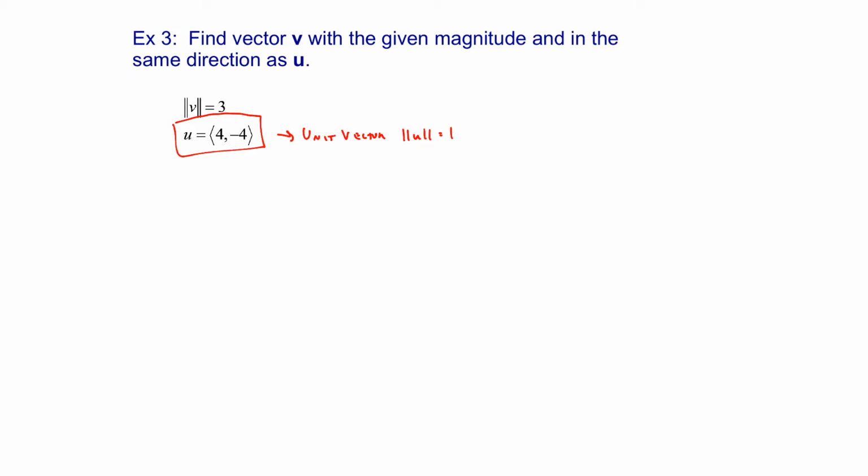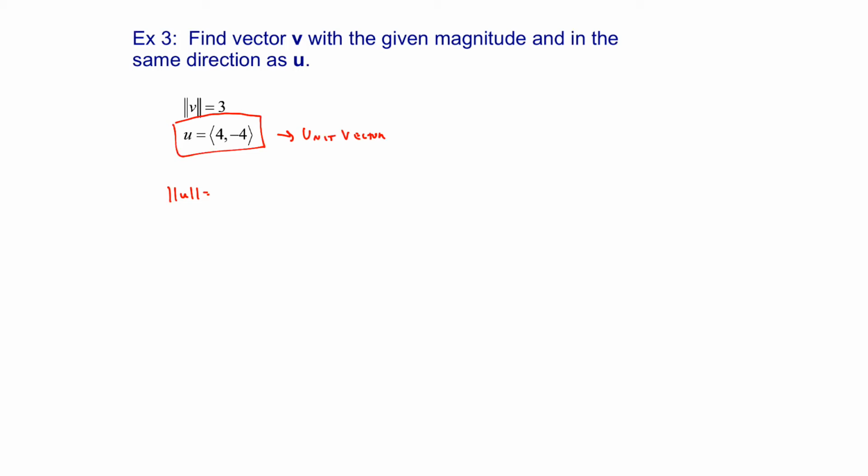So we want to find the magnitude of u first, okay? So we don't know that it's equal to 1, so I'm going to erase this. I don't want you to get confused, but we don't know it's equal to 1. We're going to find its unit vector, but since its vector is u as well, we want to be careful here.